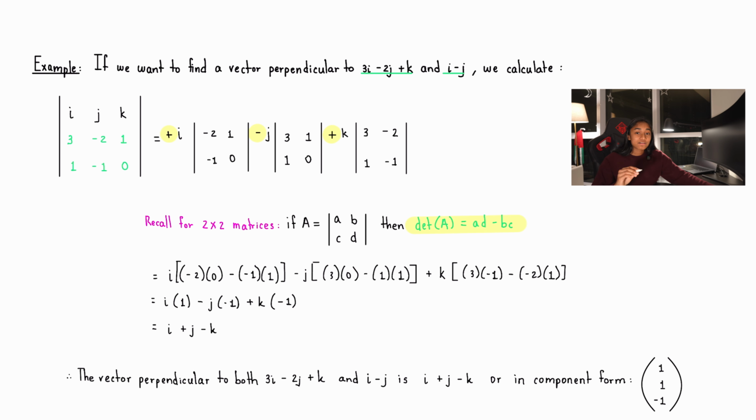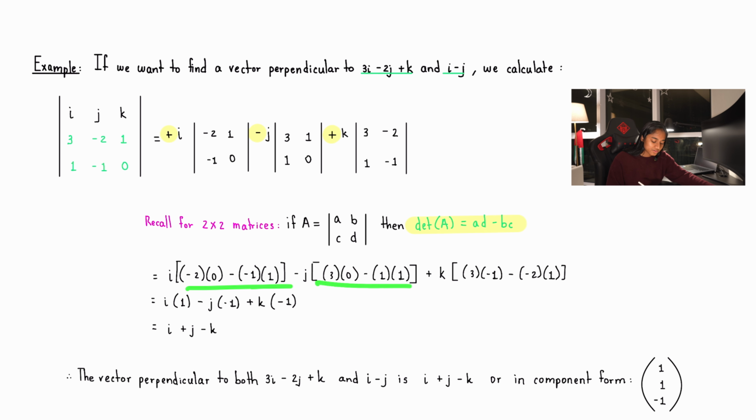Now, all we have to do is simplify it. Recall for 2 by 2 matrices, if A is [a b; c d], then the determinant of A is ad minus bc. So for each and every one of these, we just have to do ad minus bc, and then, of course, this would be multiplied by these. So let's do it.